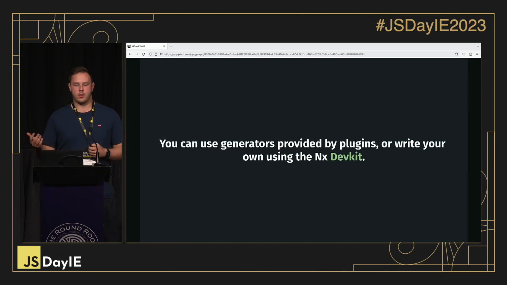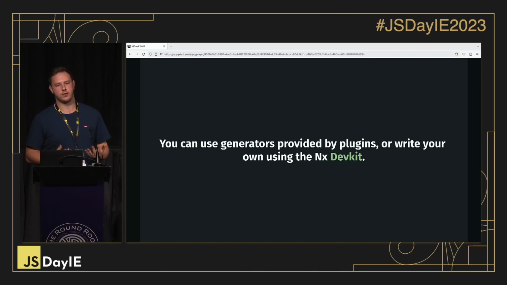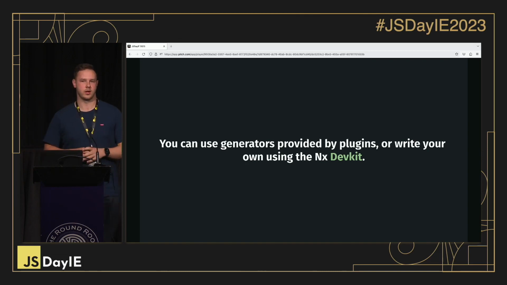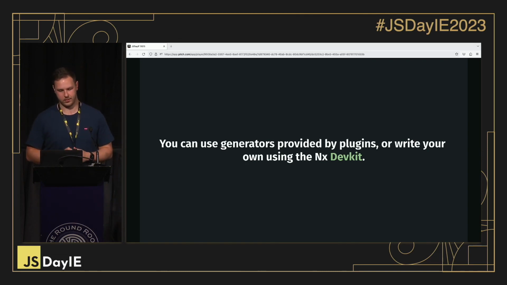As well as using the official or community generators from plugins, you can also write your own generators in your own local plugin using the NX Dev Kit, which is a library of tools for manipulating the file system, working with ASTs and so on, to actually manipulate and generate code as you need to within your workspace.